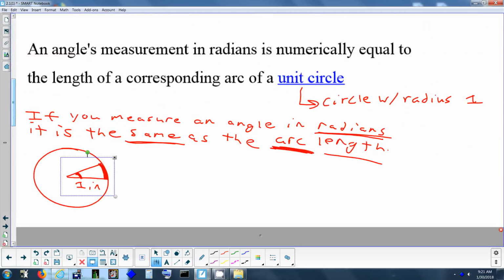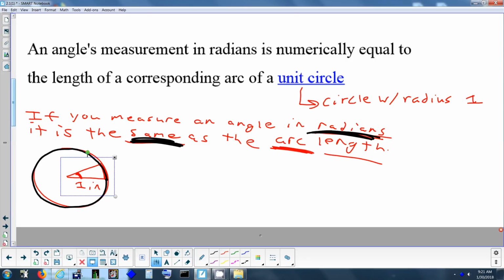So let's see if we can figure out how big the arc is that goes all the way around the circle. And if you can find that number, that will be exactly the same as that number. The size of the arc that goes all the way around the circle is the size of the number of radians that go all the way around the circle.